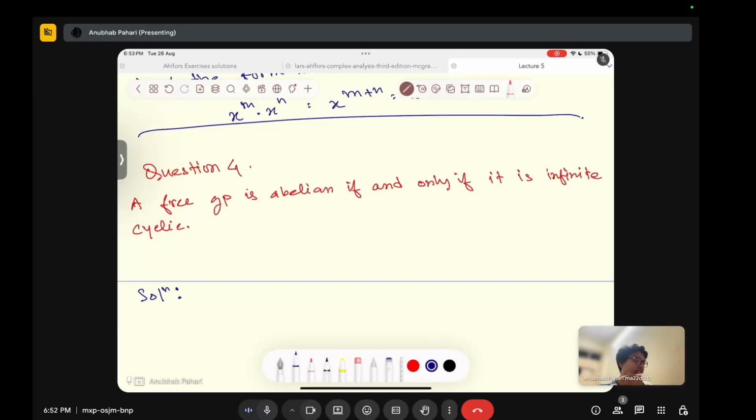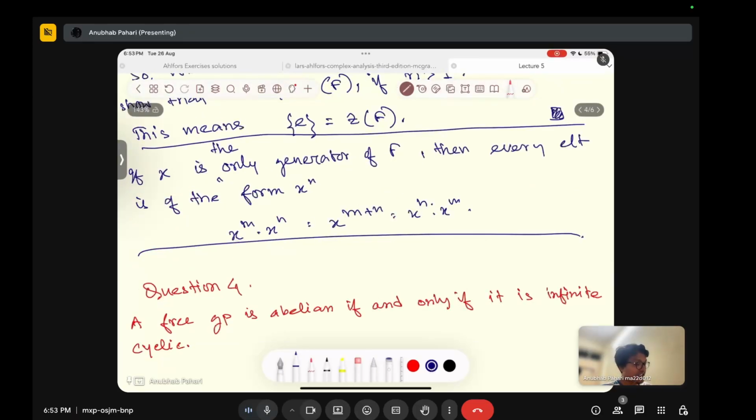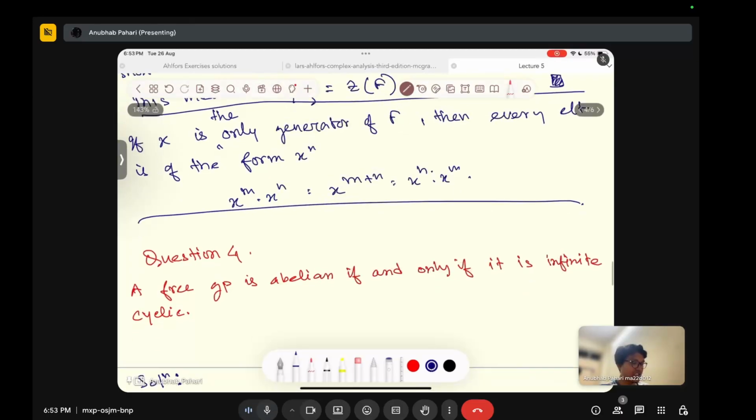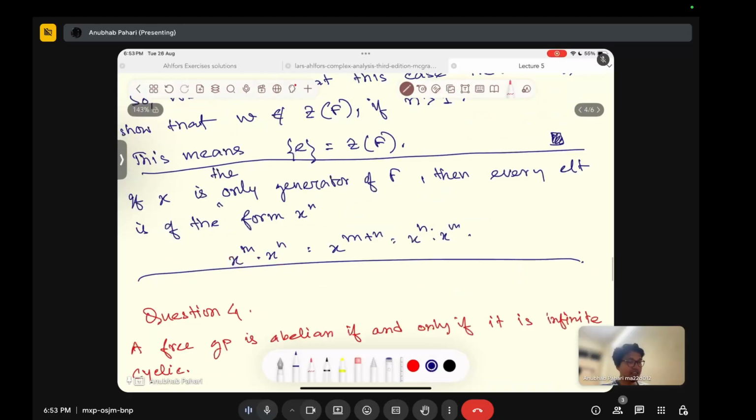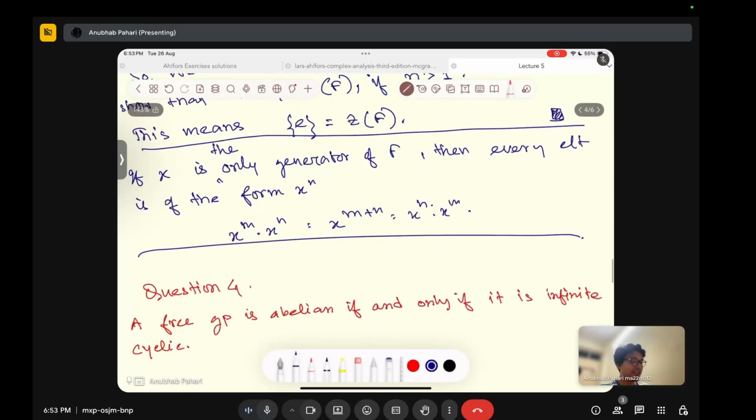Okay, so see that this question has what I just said, that if it has a single generator, then it will be abelian. If it has a single generator, then it is infinite cyclic, right?